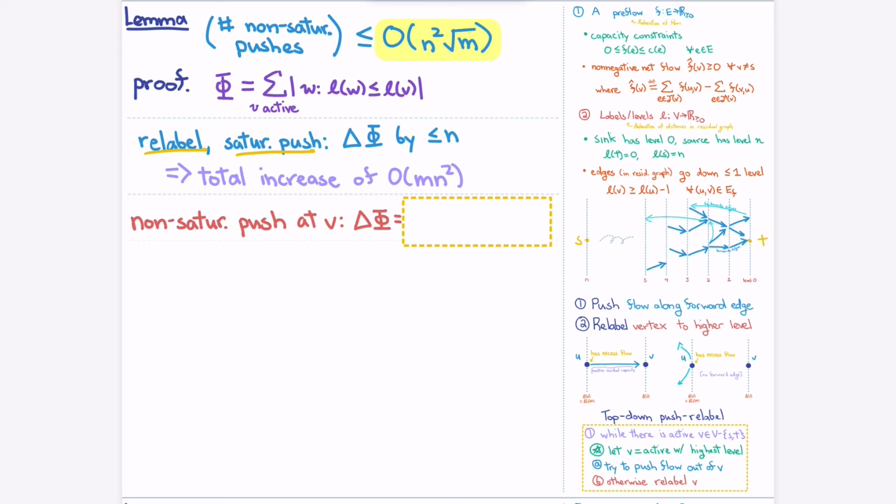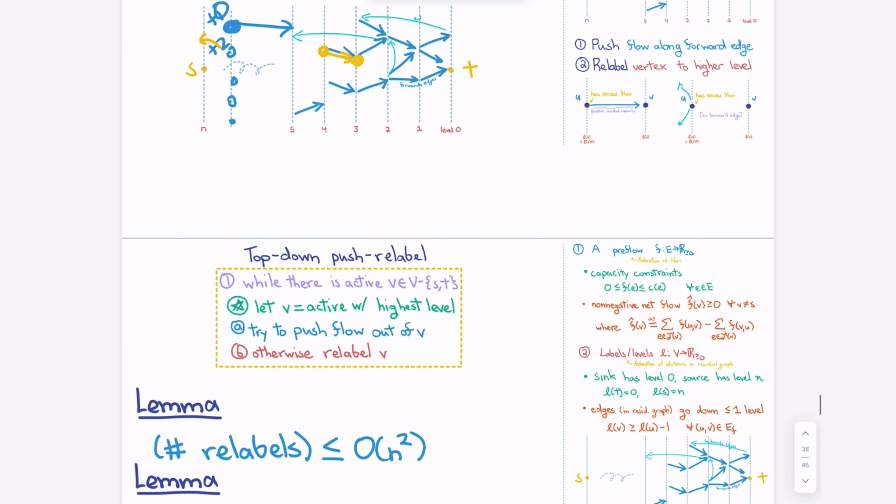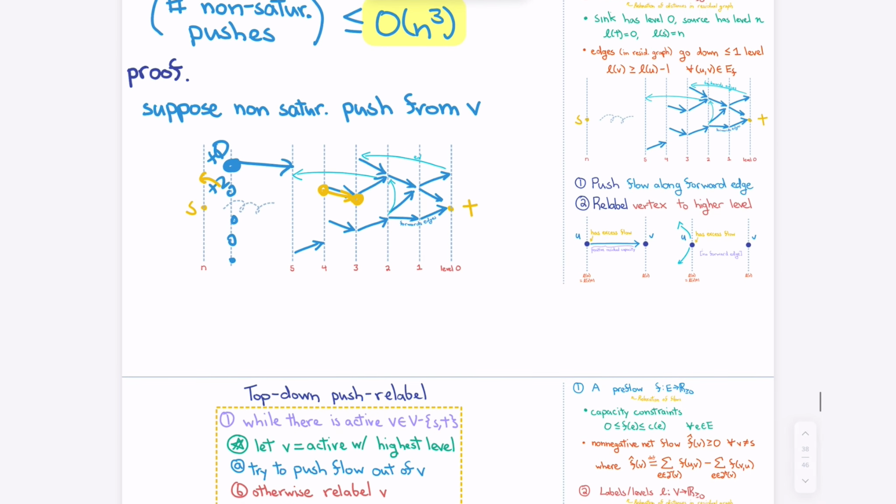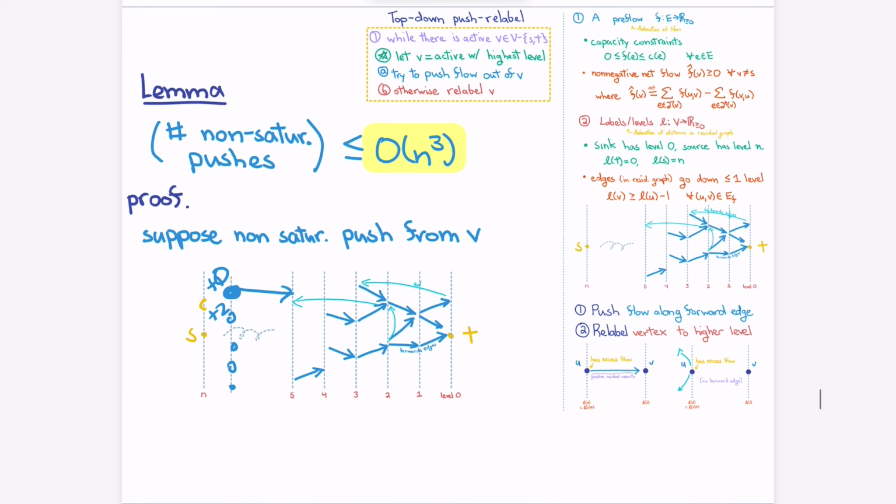So suppose you do a non-saturating push at a vertex V. Let me erase this. You're at this vertex here that's currently active, and the summation is counting the total number of vertices here.